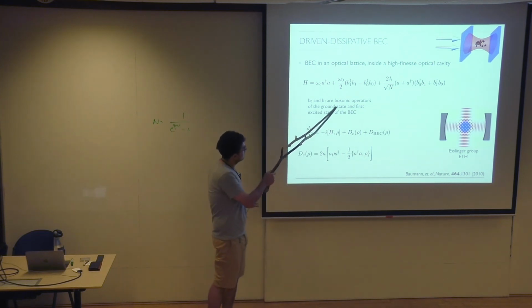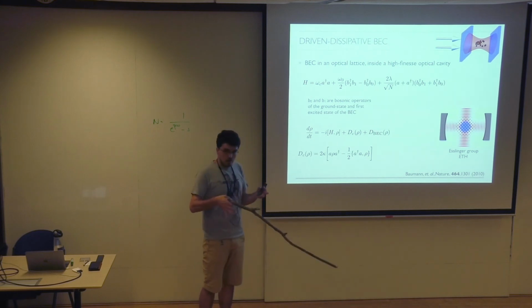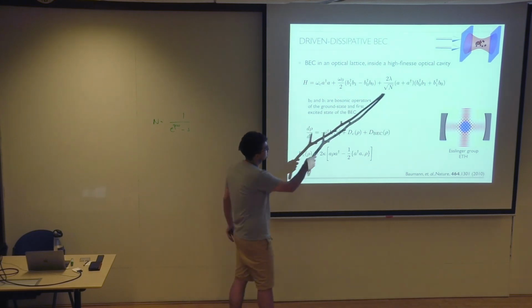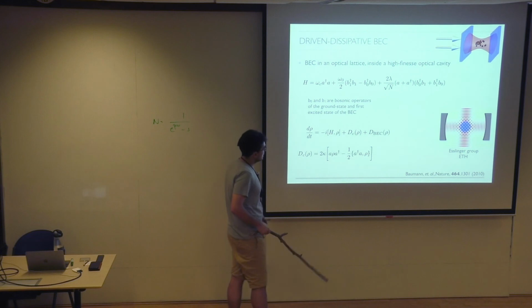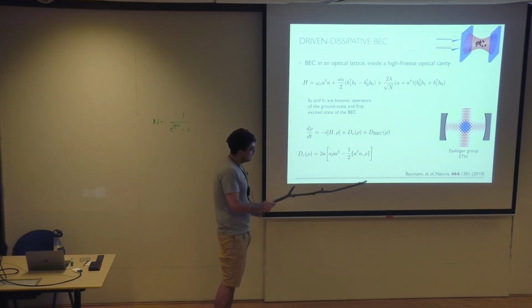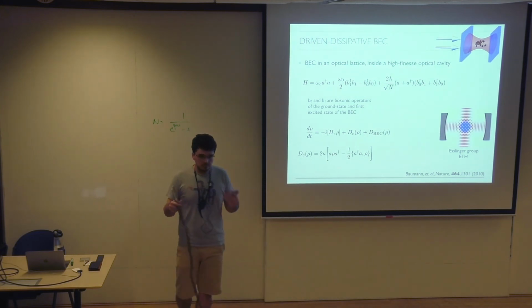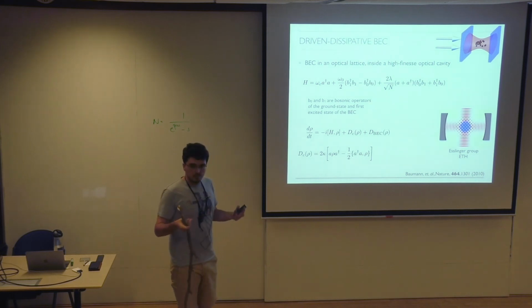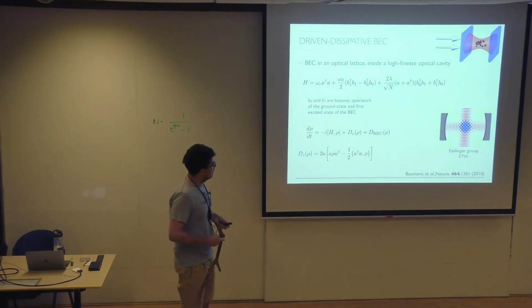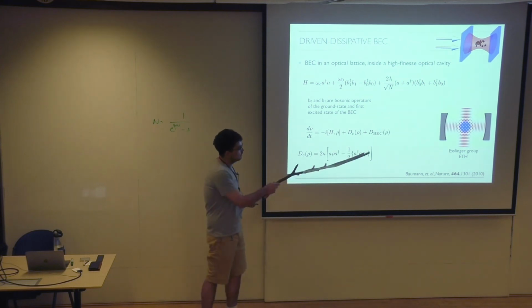So you have a ground state and a first excited state of the BEC, and you work in this low energy subspace where you can approximate it to be something like this. And now again, you have a master equation with two BEFs. One BEF is again the leaky cavity, and the other BEF is a collective dissipation of the Bose-Einstein condensate. You have these thermal losses that appear in the BEC, and they contribute to an effective thermal dissipator. So in both cases, you have one which is essentially a thermal dissipator, and one which is essentially a zero temperature dissipator.